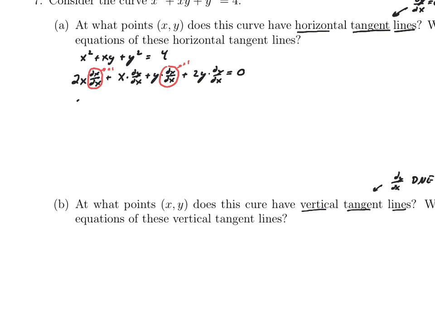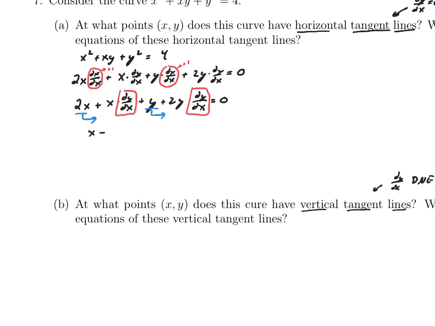So for this, I have 2x plus x times dy over dx plus y plus 2y times dy over dx equals 0. And I'll factor these two little guys out of there. Everything else I'm going to put on the other side.